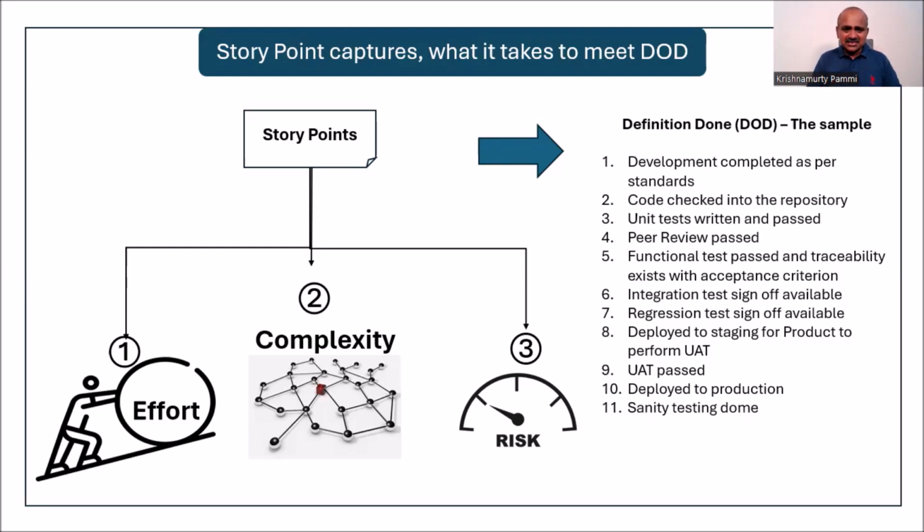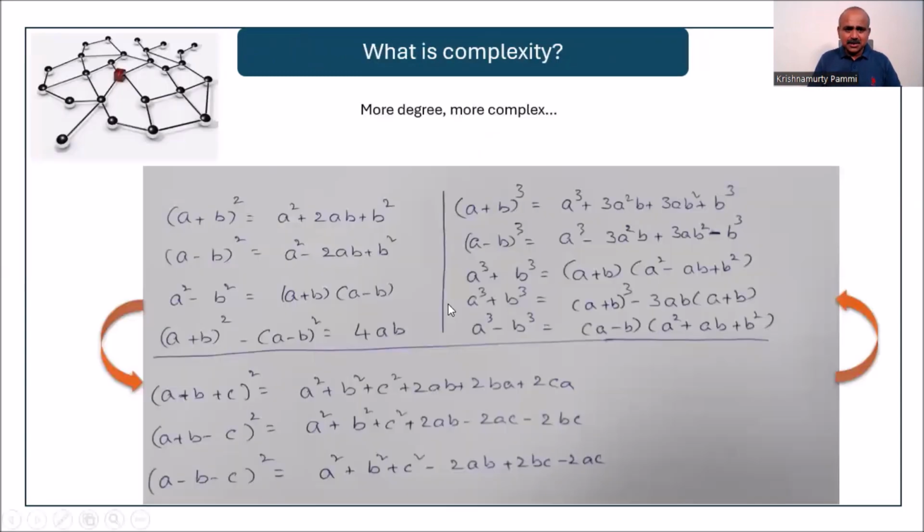Now, let us first discuss what is complexity. As you all are educated, most of you may be coming from a mathematics background. I just want to say that, application of the algebraic equations, for example, a plus b whole square is equal to a square plus 2ab plus b square.